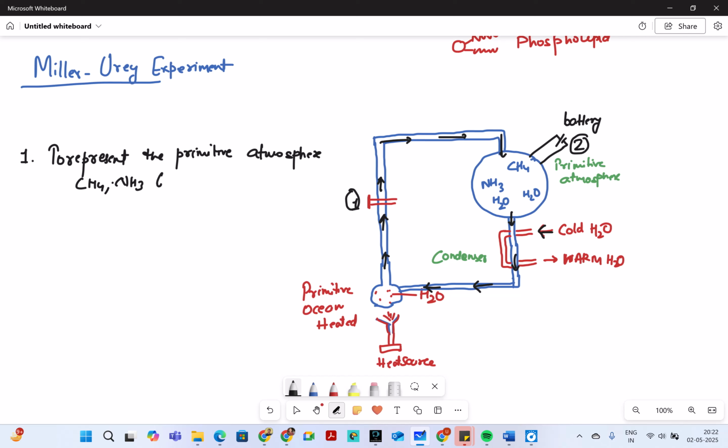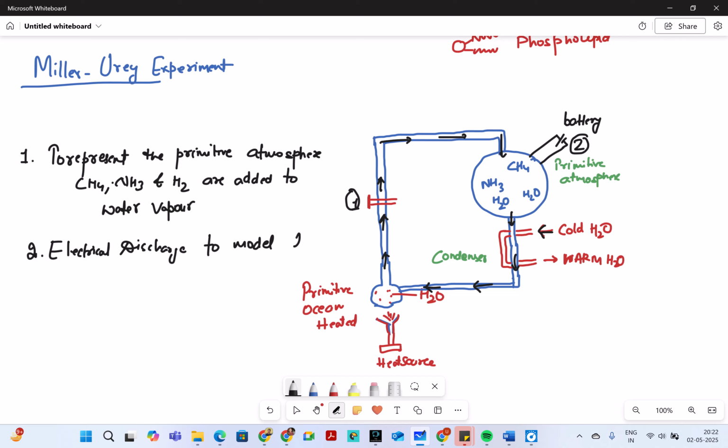Next, number 2. These gases are present here. Now you need to provide energy so that they can react. So the electrical discharge model was used. You can say electrical discharge to model lightning and thundering, right?